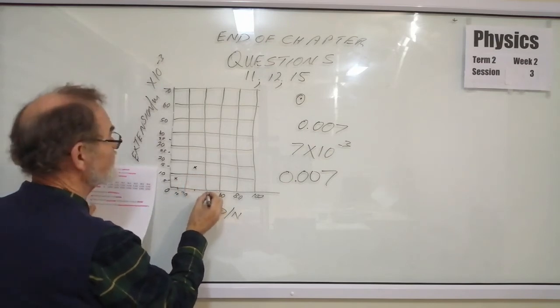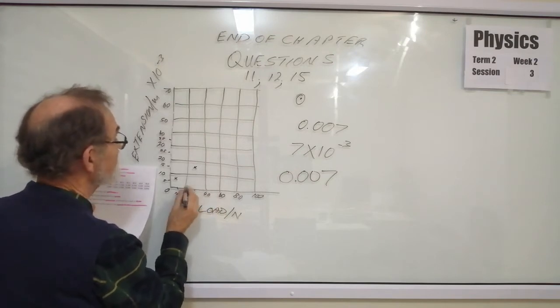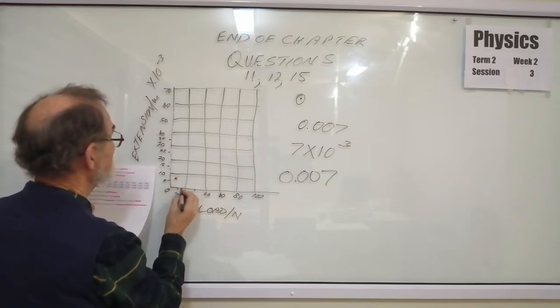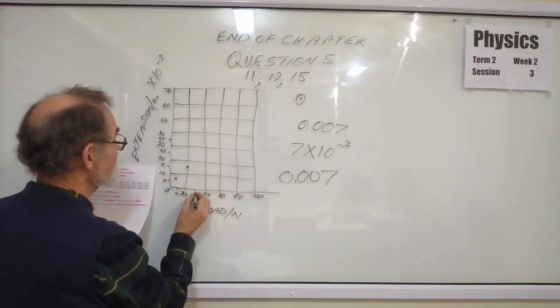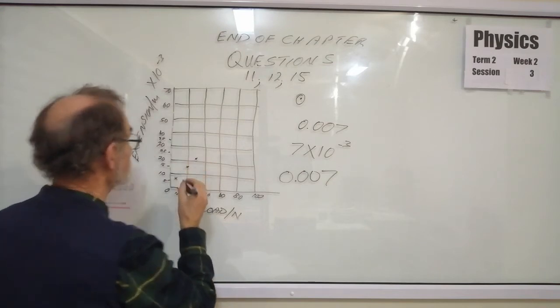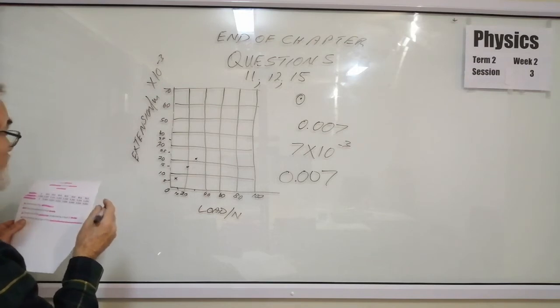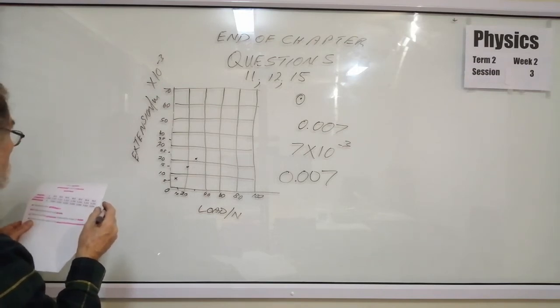30 is 22. Where's 30? Sorry, this is 20. 20 is 15. 30 is 22. You can count your blocks on your paper. You've got more blocks than I have, so you'll be able to plot it much more accurately.